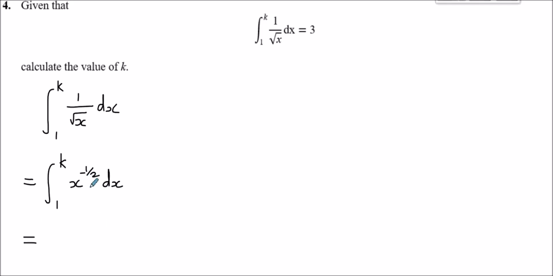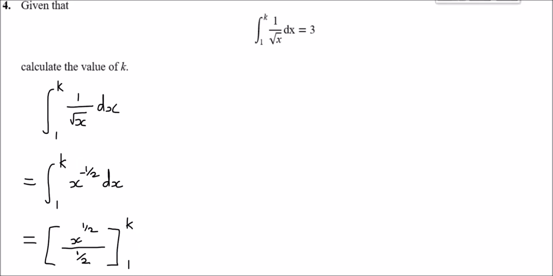So, if we increase the power of this, minus a half plus 1, that's going to give us x to the half. And then we divide through by the new power of x, as we do whenever we integrate. It's going back to the first ideas. And we do this between k and 1.